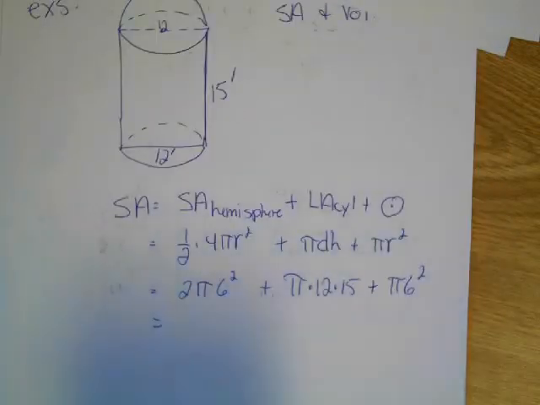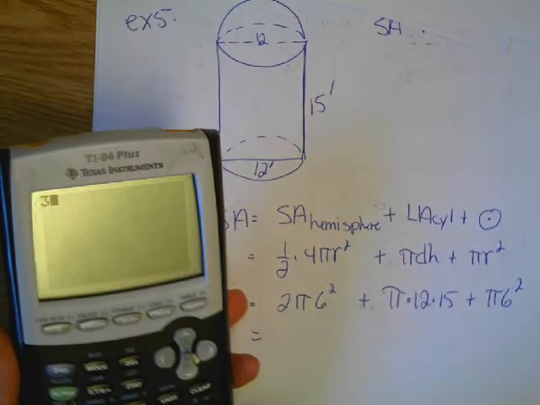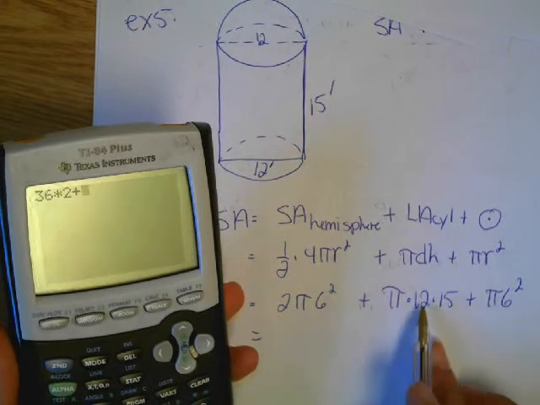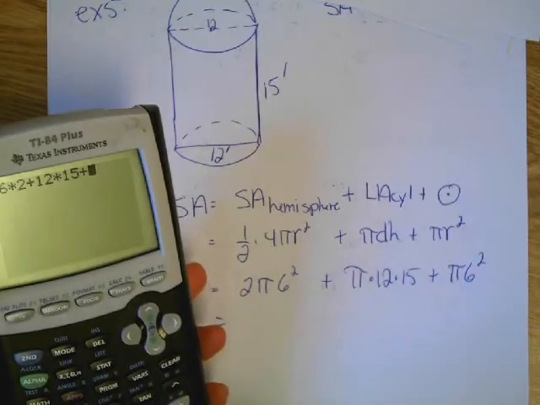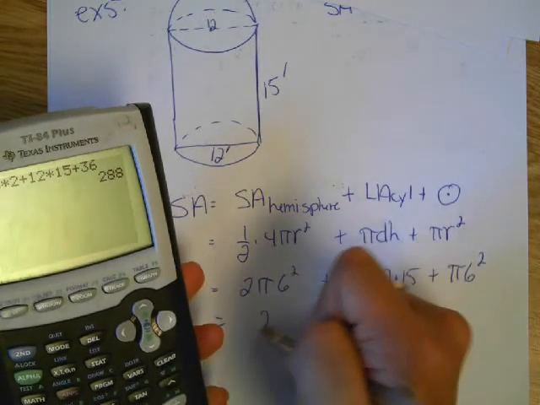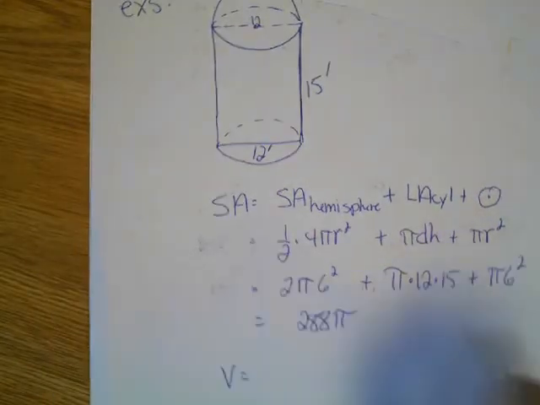Okay, I'm going to leave the pi's out because they all have a pi. So that's 36 times 2 plus 12 times 15 plus another 36, 288 pi.